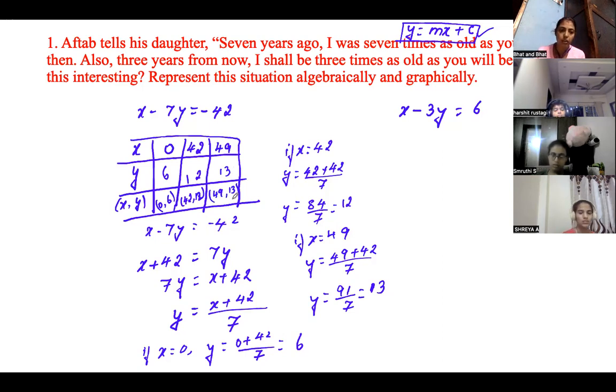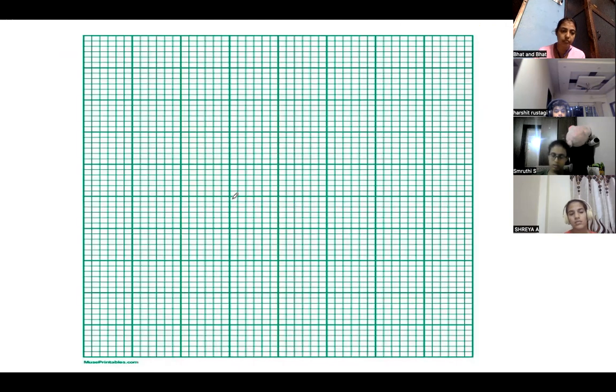Now let us plot these points in the graph. So what were the points? 0, 6, 42, 12, 49, 13. Correct? Now, let us consider this is our origin, 0.